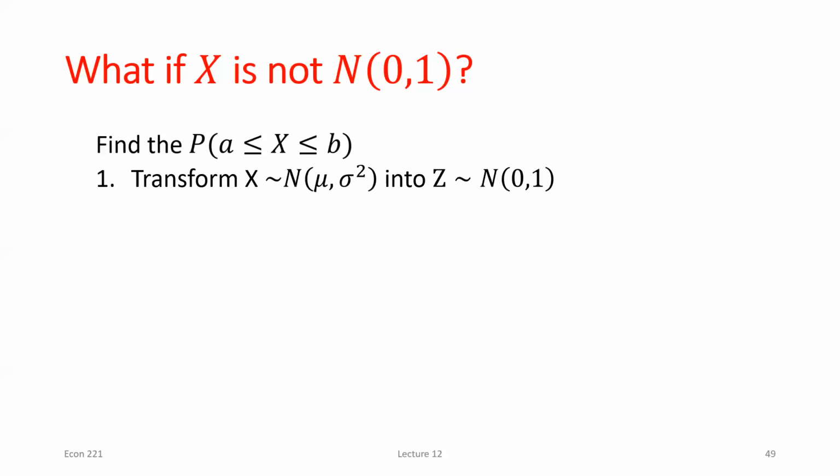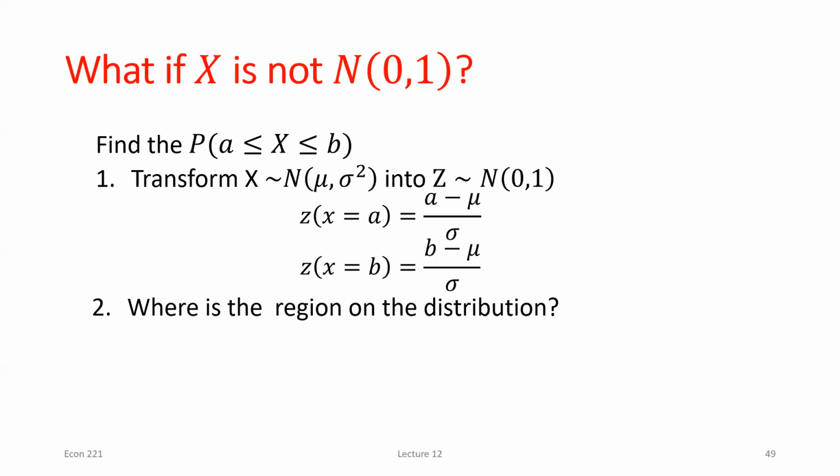So we can break this down into steps. If I'm looking for the probability in between any two values, first I want to transform those two values into a standard normal distribution, or convert them into z-scores. I'll subtract the mean and divide by the standard deviation, and that turns both of these values into z-scores. Once I have those, I can draw this out and think about what region I'm looking for.